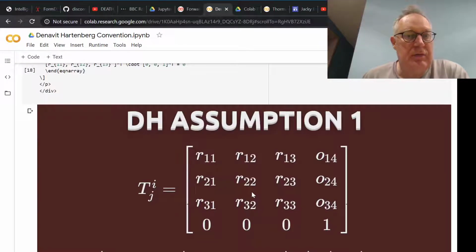So here's our transformation matrix. Now if I take that matrix and multiply it by the vector x, then vector x will be 1 0 0 0 1 in homogeneous coordinates, right? So that means I get 1 times R11 plus 0 0 0, which gives me R11. And then I get R21, R22, R23, O24, R31, and so forth.